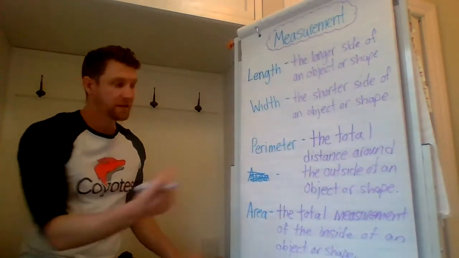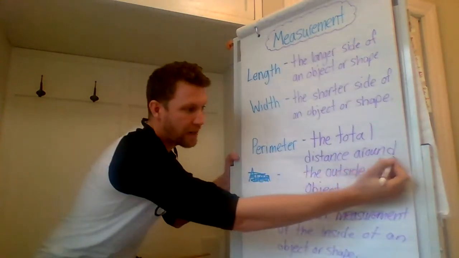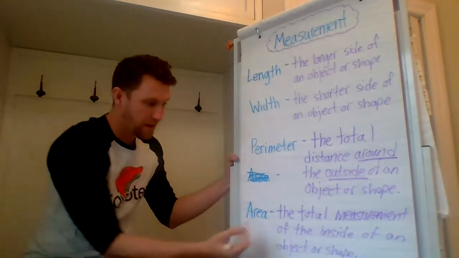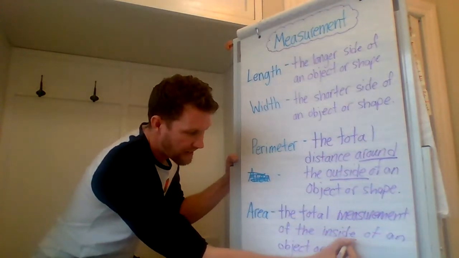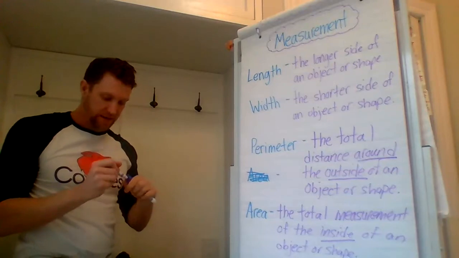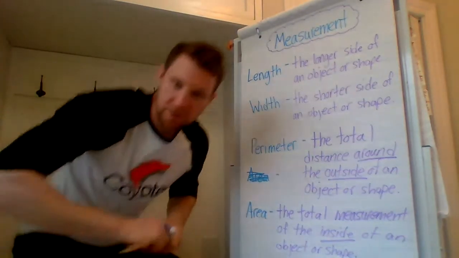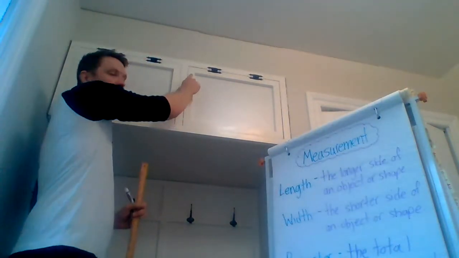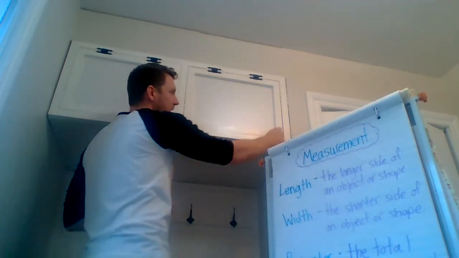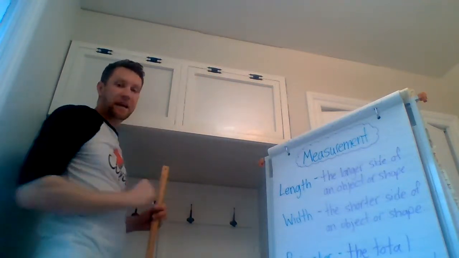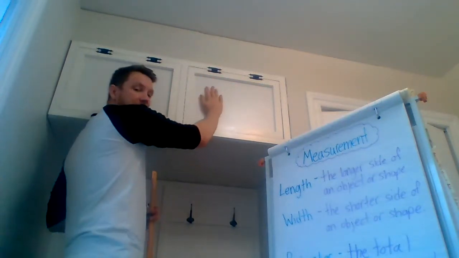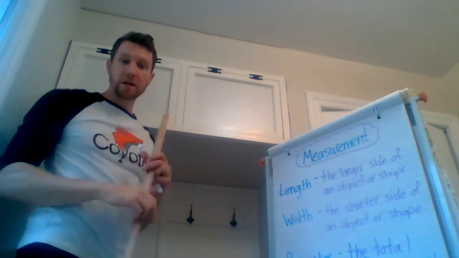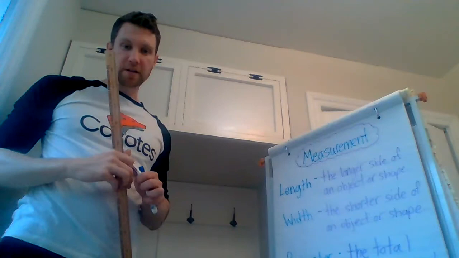So the key words: perimeter is the distance around the outside, and area is the total measurement of the inside. So again, let's go up to my fancy cupboards above me. Here we go. We know the perimeter is the outside, and the area is the inside. The inside of the shape or object.